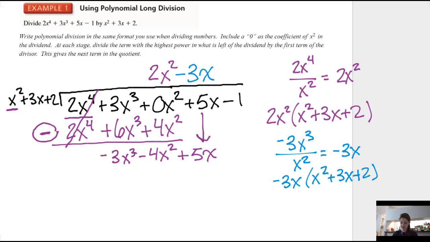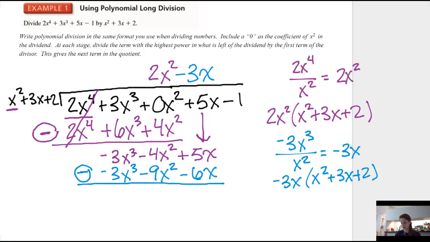So I get negative 3x cubed minus 9x squared minus 6x, and I will subtract. Negative 4x squared minus negative 9x squared is 5x squared. 5x minus negative 6x is plus 11x. Bring down that last term, negative 1.